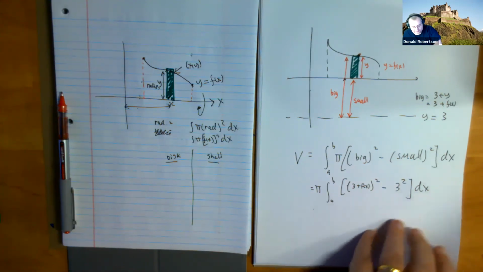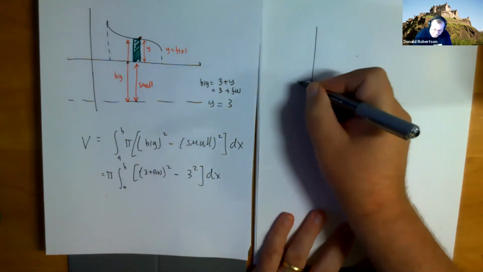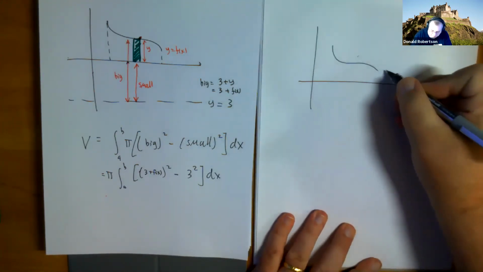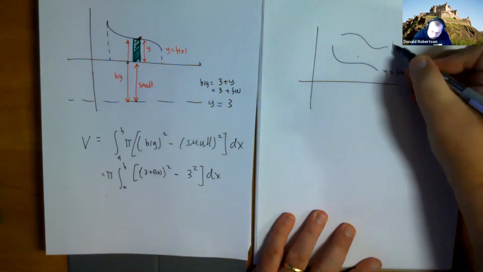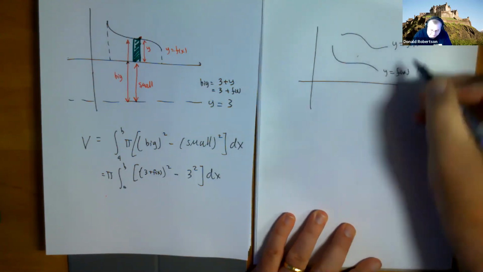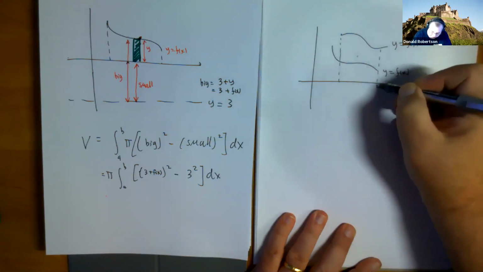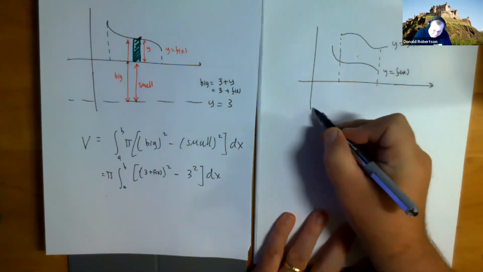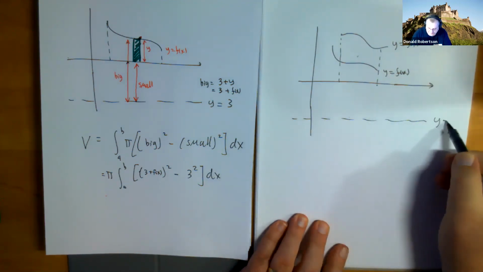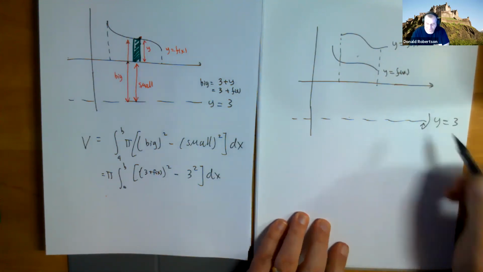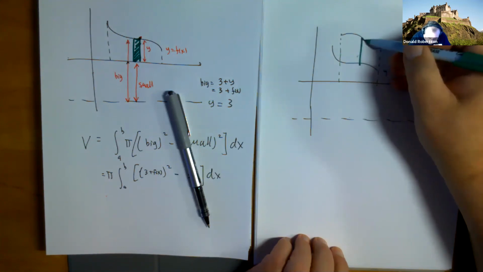Now let's do the ultimate version of this, where we have y equals f of x, and we have another one up here, calling it y equals g of x. It's going to start here and finish here, and we are going to rotate it down here at y equals 3 again. Let's see what happens to our rectangle this time.